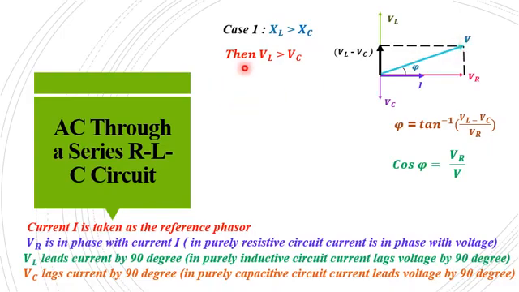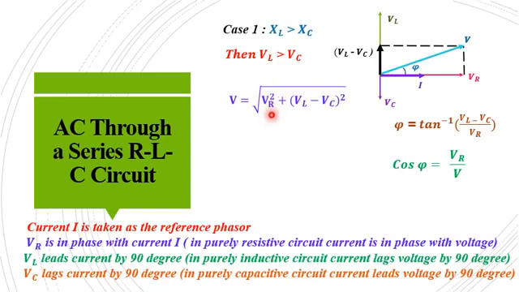Now let's write the equation for the resultant voltage V. The resultant voltage V is the vector sum of VL minus VC and VR. That is, V equal to root of VR square plus VL minus VC the whole square.